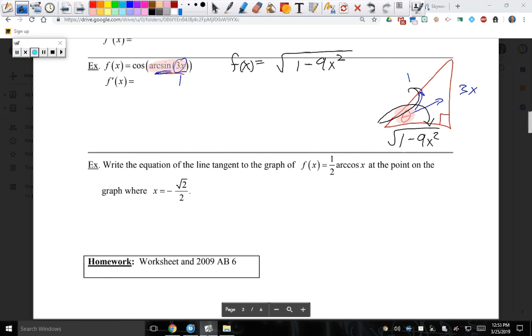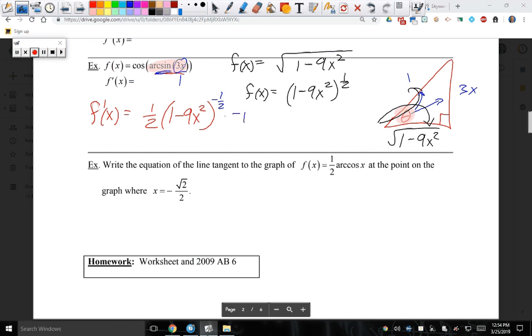Now, let's derive. So f of x, it's all about that rewrite. Chain rule says that f prime of x is what? You tell me. 1/2 times the stuff to the negative 1/2 times the derivative of the inside, which is what?